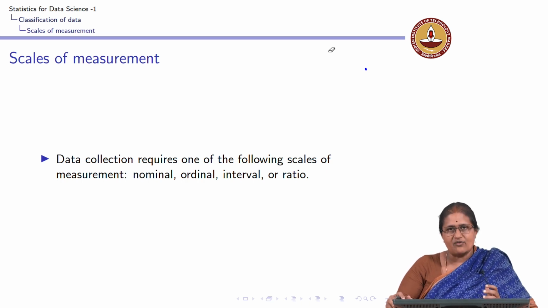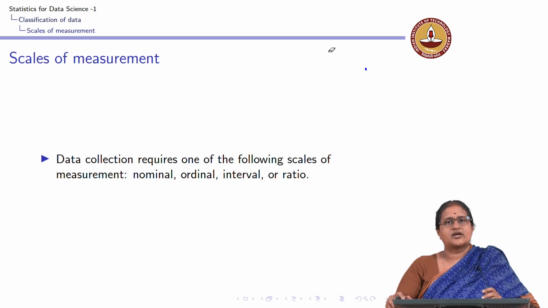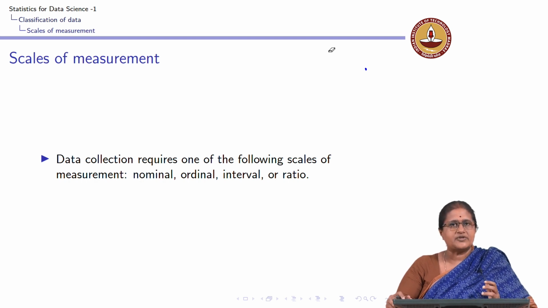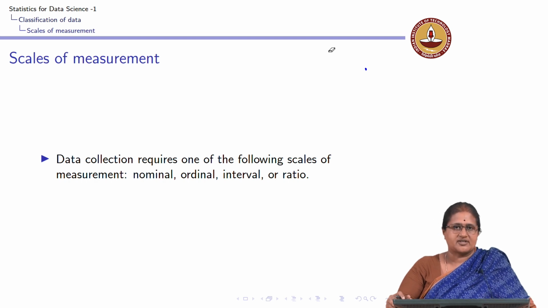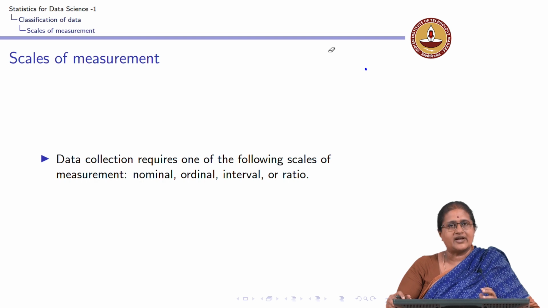Again, when I say I want to summarize this data, the question I ask is, can I come up with some graphical summaries and can I come up with numerical summaries? The minute I say numerical summaries, I need to know whether I can do arithmetic operations on the data. Okay. So, to know whether I can do arithmetic operations on data, I need to understand what are the scales of measurement I use for my data.